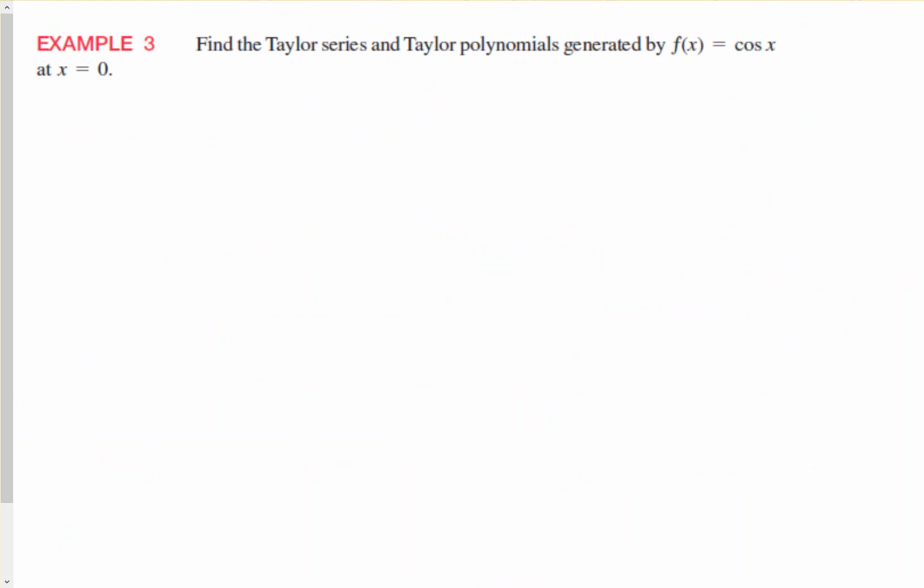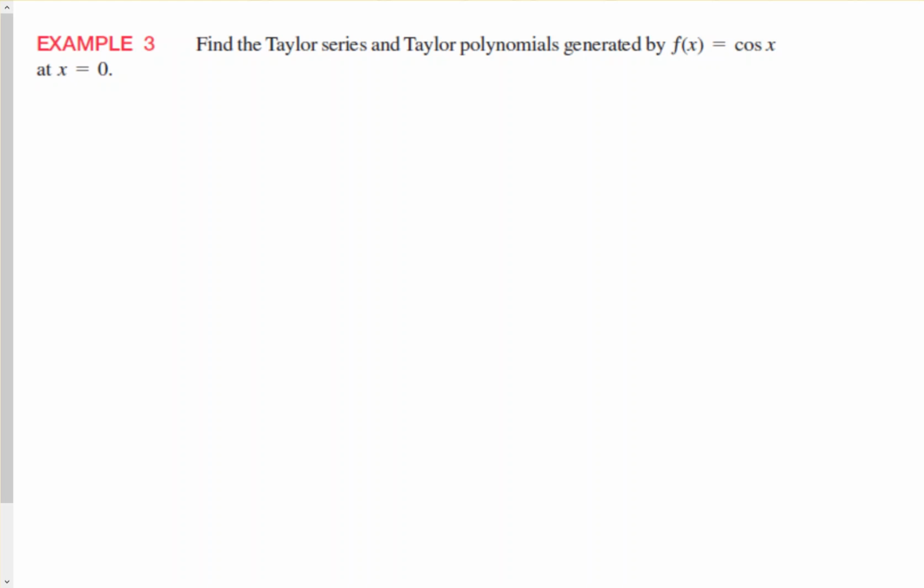Find the Taylor series and Taylor polynomial generated by f of x equals cosine x at x equals 0. Okay, so again, this would also be a Maclaurin series for cosine of x. So we need the derivatives.